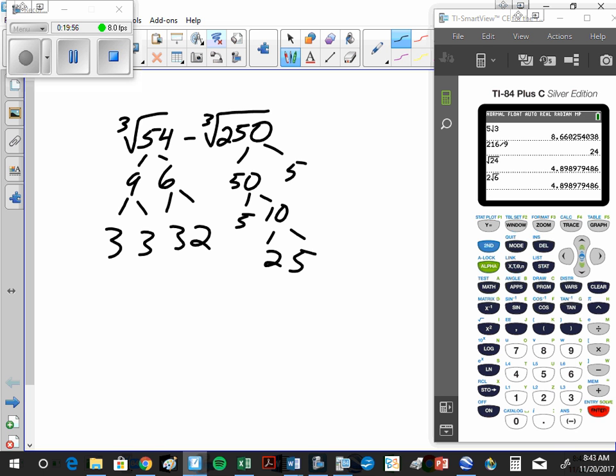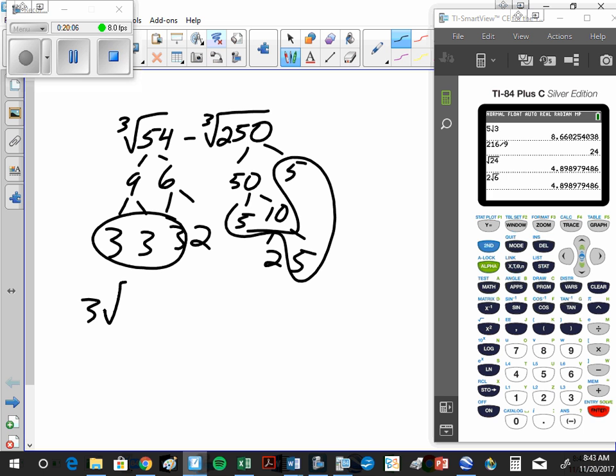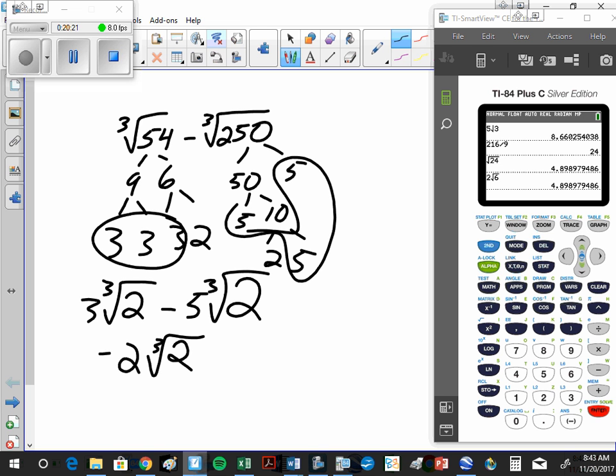Now do I have any triplets? A triplet of 3s, and a triplet of 5s. 3 cubed root of 2 minus 5 cubed root of 2. There we go, I did it. Does that simplify? Negative 2 cubed root of 2. I'll get it right eventually.